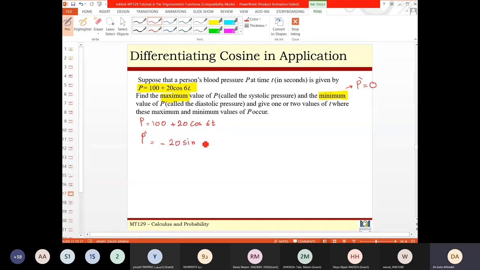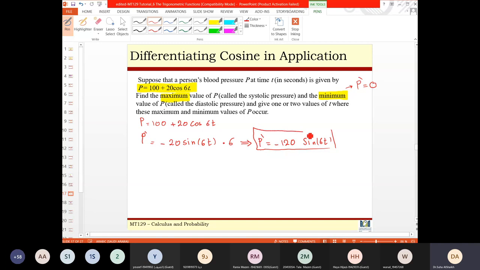Sine, right? Minus sine, the derivative of the cosine of 6t, and I have to multiply it with the derivative of the 6t, which is 6. So if we collect the terms, P dash is equal to minus 120 sine 6t. Right?